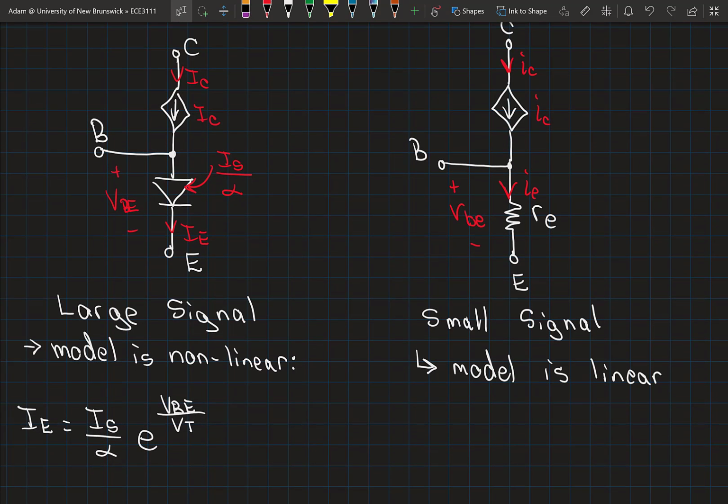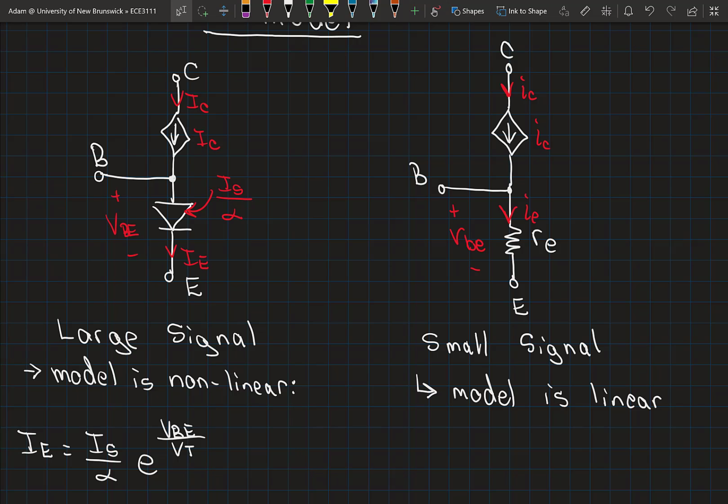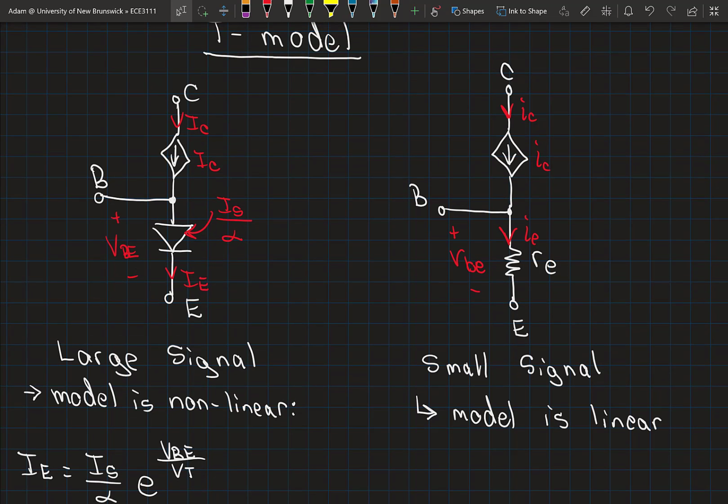Okay, so looking at our small signal T model, you'll note that we have a voltage of VBE across this resistance, which is known as our intrinsic emitter resistance. We'll give this a name here.